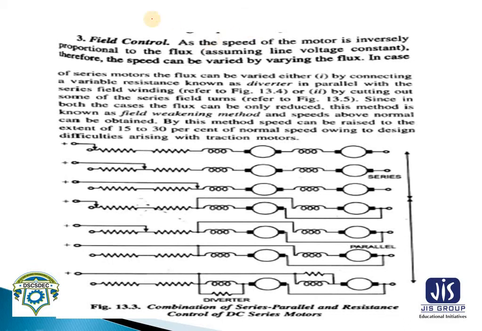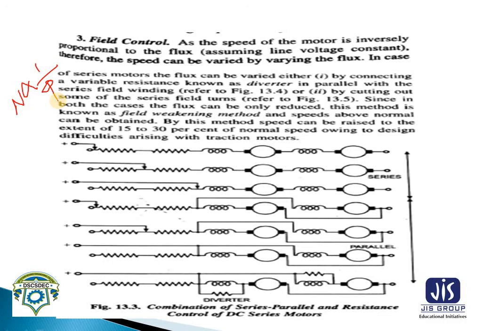We know that for a DC motor, the speed is inversely proportional to flux. So the speed can definitely be varied by varying the flux. If we increase the flux, then speed will decrease, and if we decrease the flux, speed will increase.